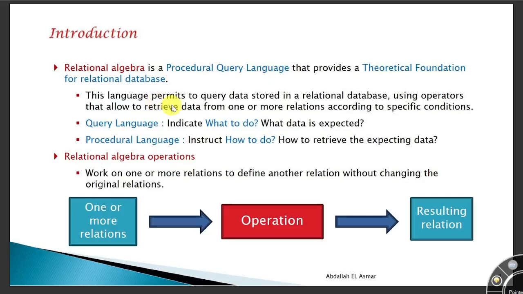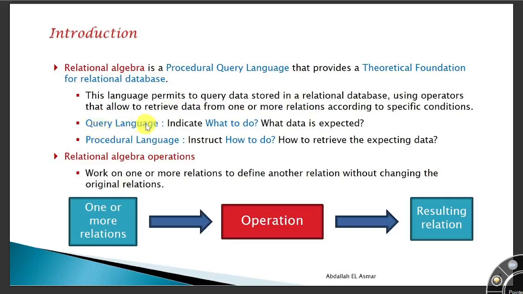So this language permits us to query data stored in a relational database in tables that are connected using operators that allow us to retrieve data from one or more relations according to specific conditions. So it is to query, to retrieve data from one table or more tables. A relation is a table, remember.